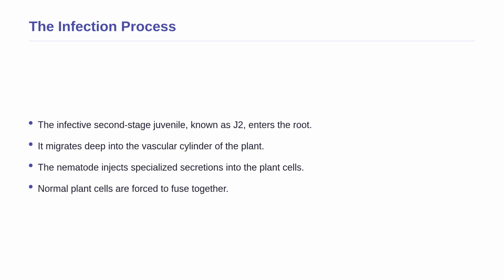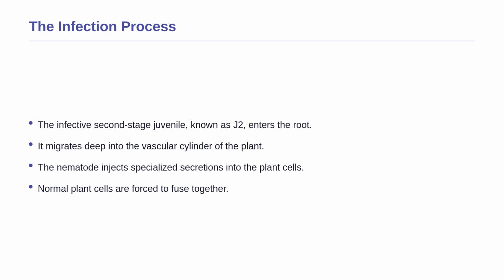So, how does this invasion actually happen? The cycle begins with the infective second-stage juvenile, scientifically known as J2. This microscopic worm actively seeks out a host and penetrates the root. Once inside, it does not just stay near the surface, it migrates deep into the vascular cylinder, which is the plant's main transport system for water and nutrients.